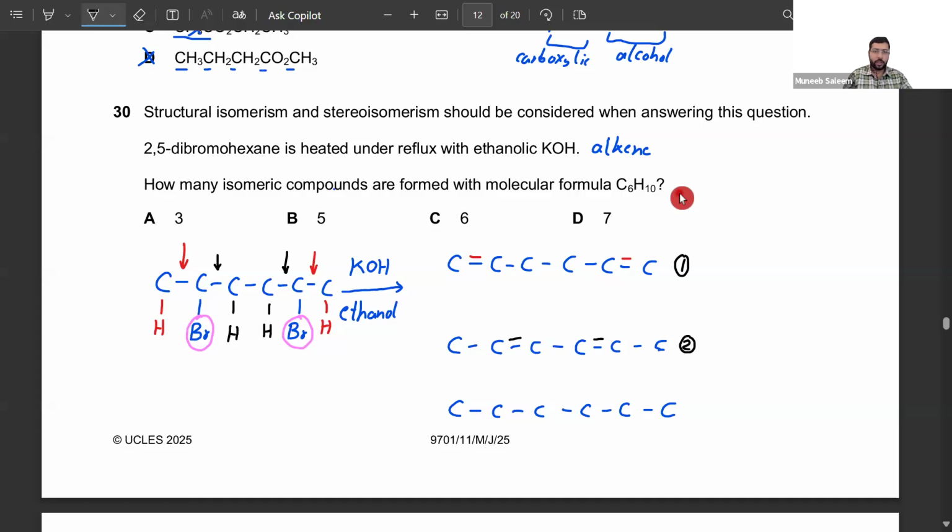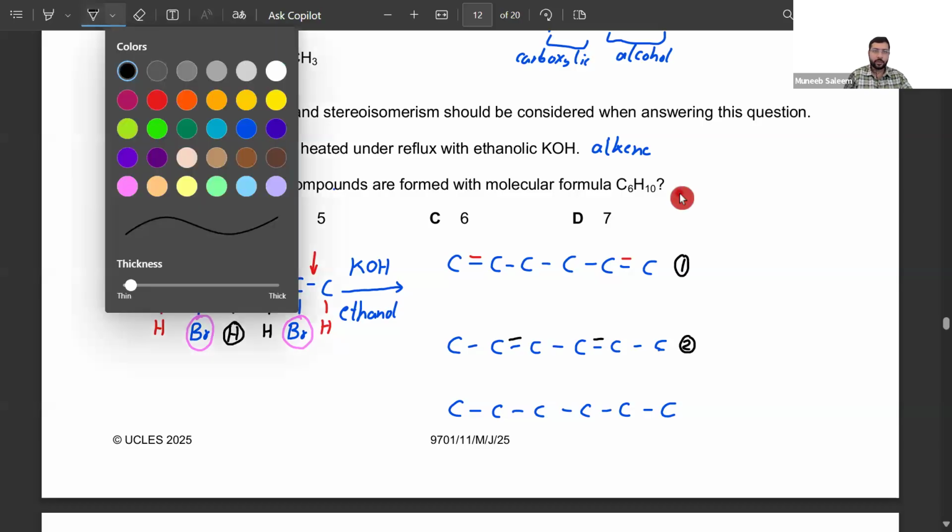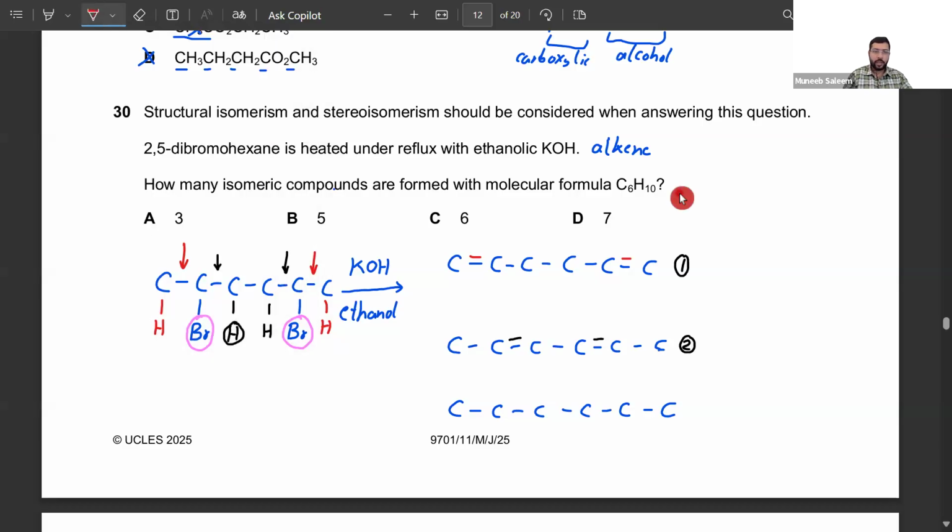So if I remove one hydrogen labeled black and the other labeled red, it will be similar to the other case if I remove the red-labeled hydrogen of the right side and the black-labeled hydrogen of the right side. So it will still give the same structure.